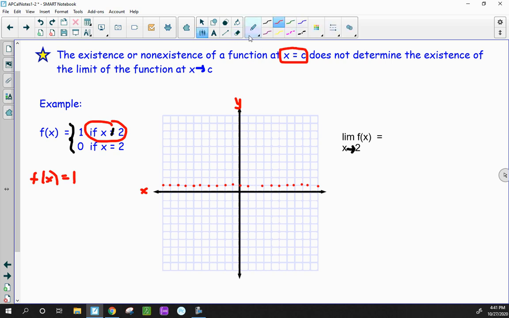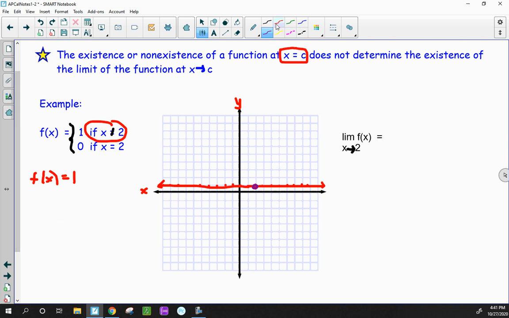And so you're going to connect those in a horizontal line. Okay, and so what I'm going to do right now to show that is I'm going to do this.